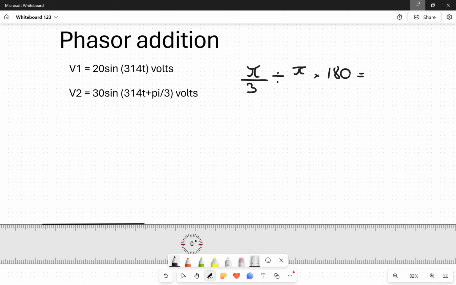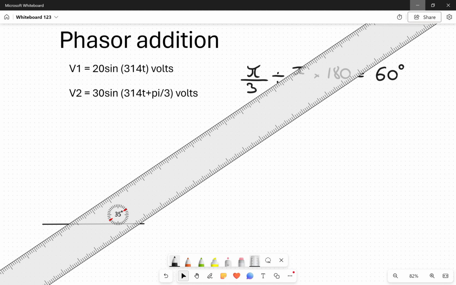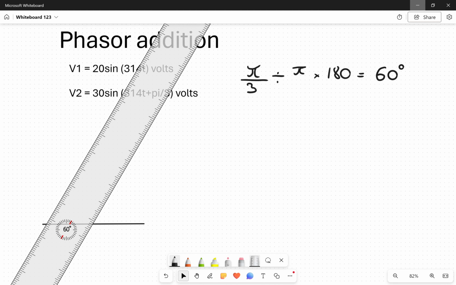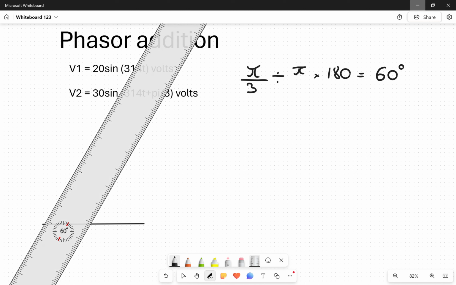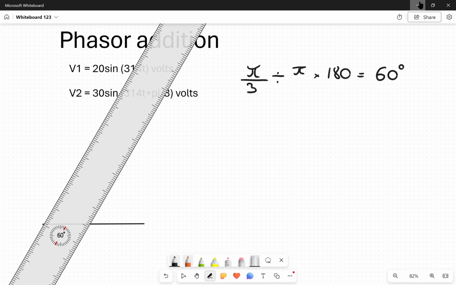Now this will give you 60 degrees. So we are now going to change our ruler angle to 60 degrees, or thereabouts, and we can then draw our V2 waveform.